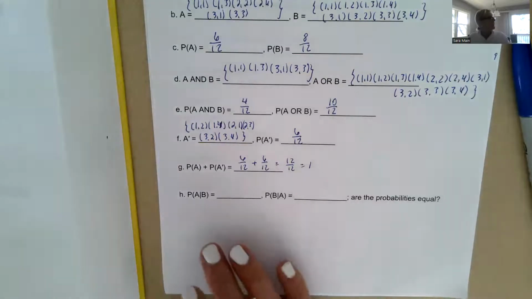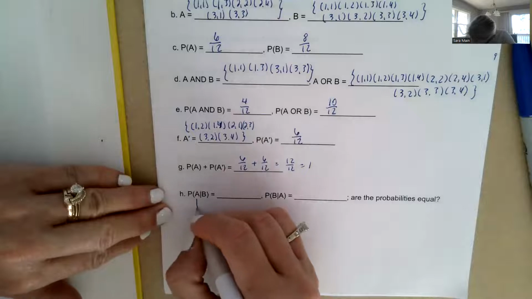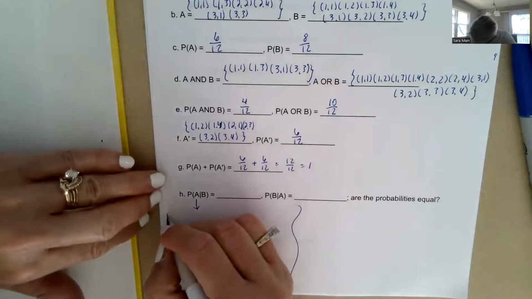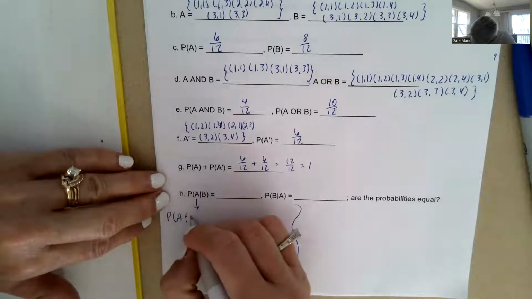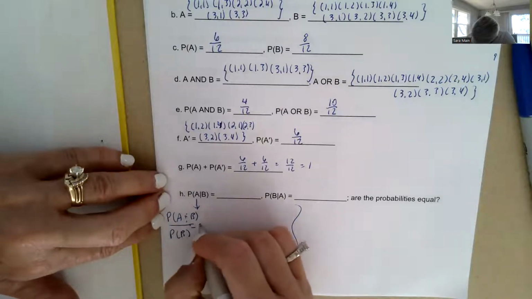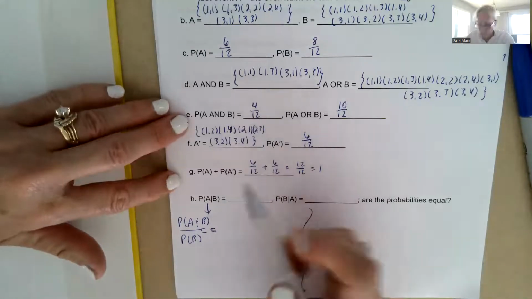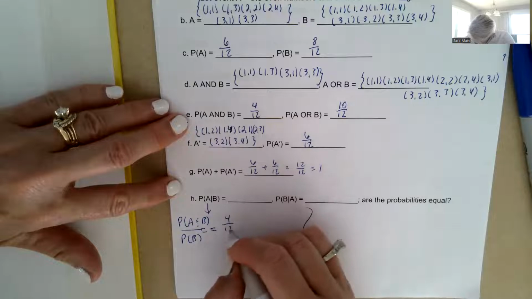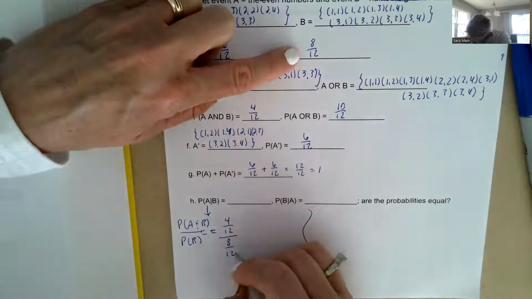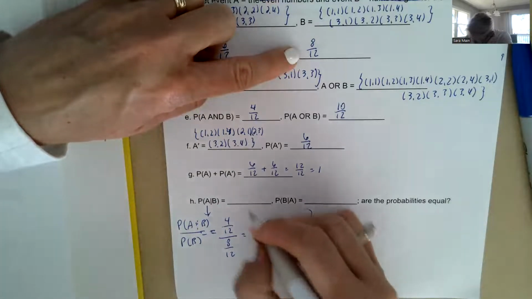And then it says, let's calculate the probability of A given B. That is going to be the probability of A and B divided by the probability of B. The probability of A and B up here is 4 out of 12, divided by the probability of B, which is 8 out of 12. And that gets us to 4 out of 8.